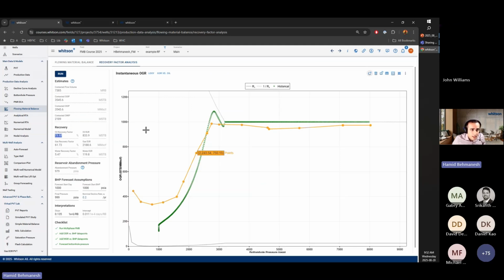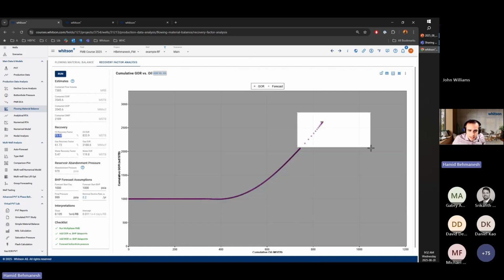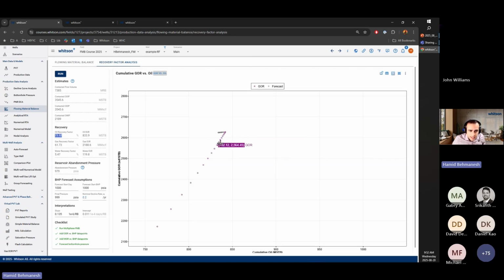Okay. So there's another plot here, which is OGR versus oil. This plot is also very important to take a look at. What I'm expecting is for the gray data, which is my forecast, to be aligned with the trajectory of my history data.